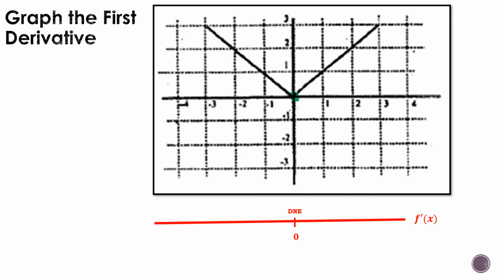If I look on the left side of 0, where x is less than 0, and I trace, I'm going down here. This is decreasing. So that's going to be all negatives. And then I'm increasing. So on the right side of my sign line, I'm going to have all positives.